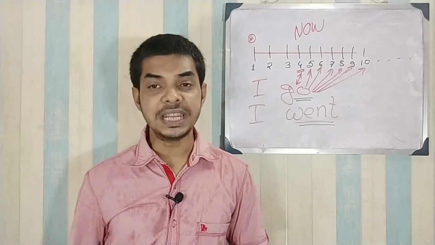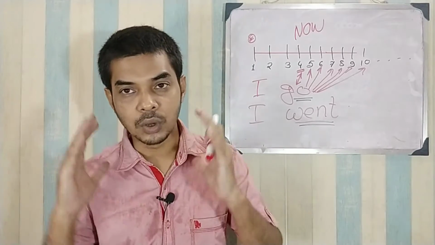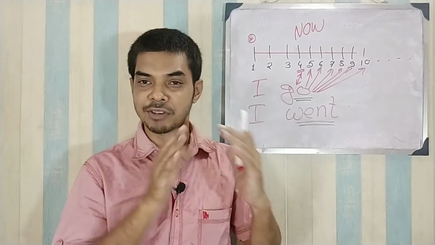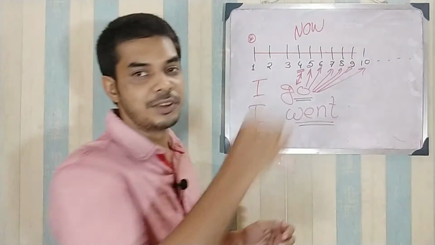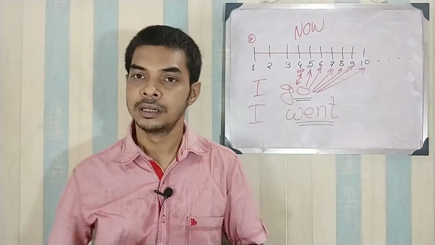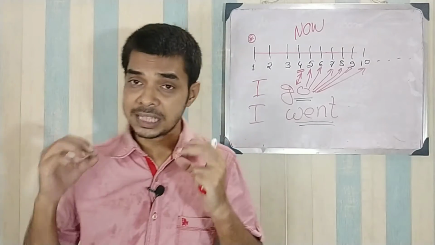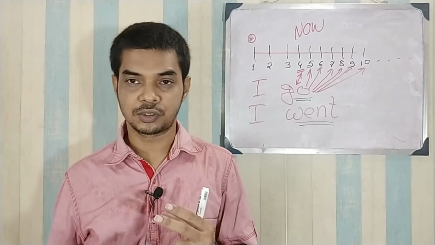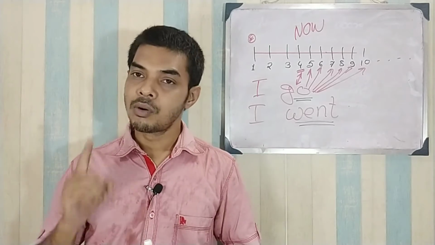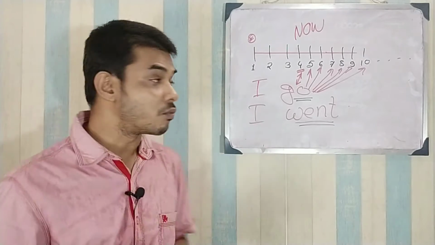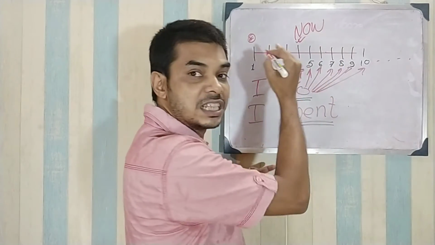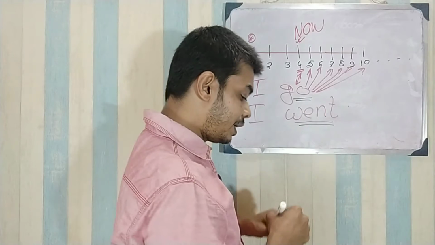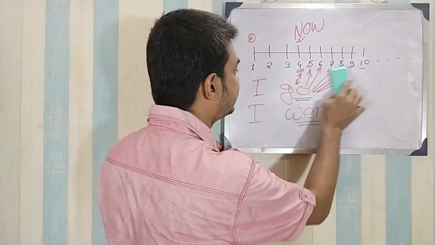But how do we detect whether the action go is in present or in past? Sometimes we will present it as future as well. I'm coming to that point. But the main aspect of tense that we must learn is that we have a particular point on which the sentence is produced and we give it a name.